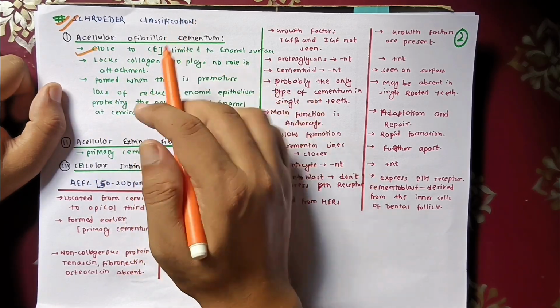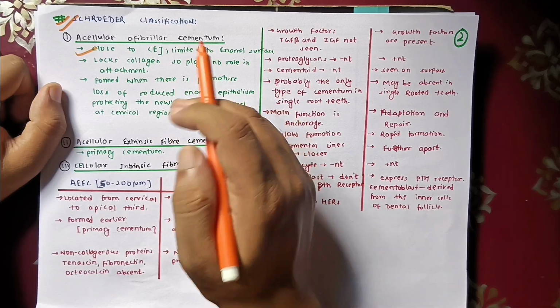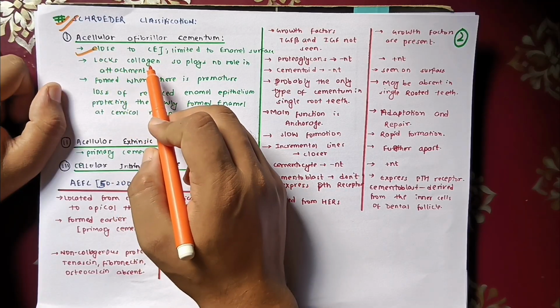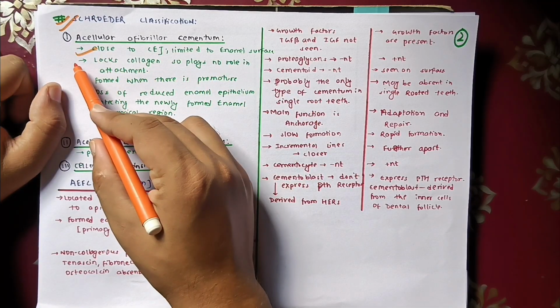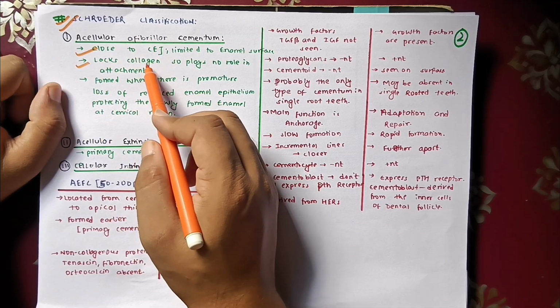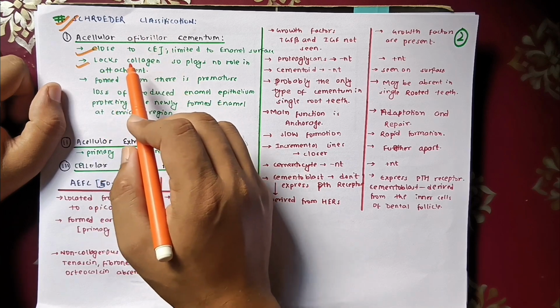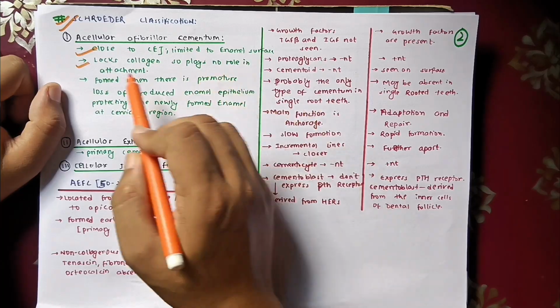I will recite all those points and clear your concept properly. It lacks collagen, since fiber means collagen. As there is no fiber, there will be no collagen, so it plays no role in the attachment.